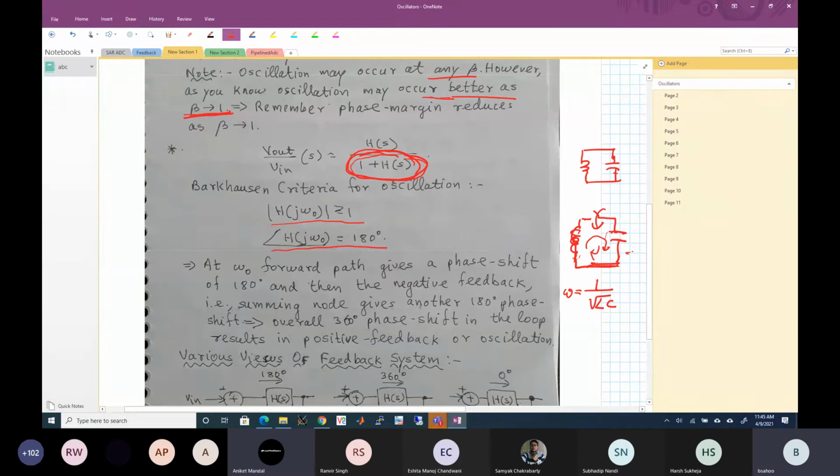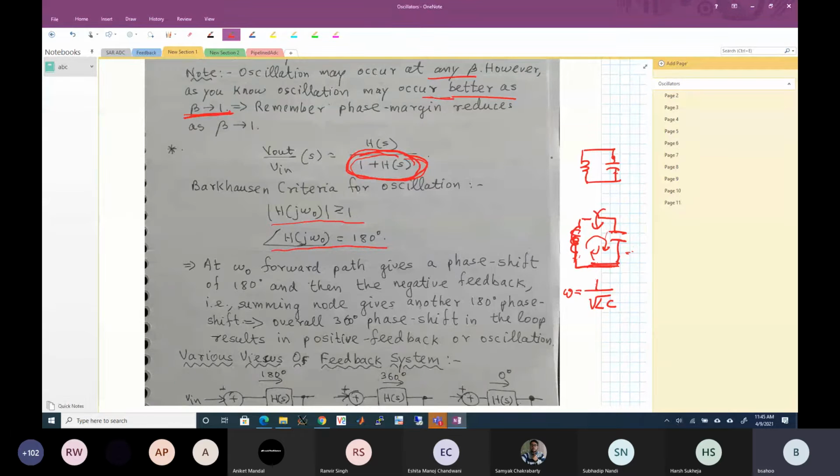Yes. But keep in mind, if your phase margin is not there, at other frequencies you apply, you'll get something, but what will be dominant is that frequency where it is oscillating, where you do not even give an input. So it is an oscillator for all practical purposes. You got my point, right?